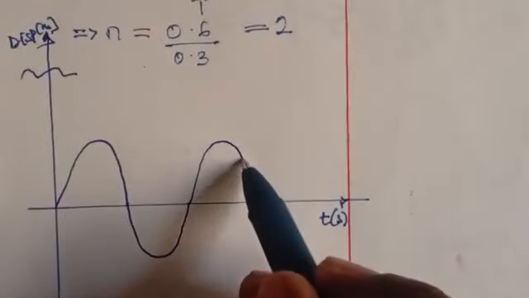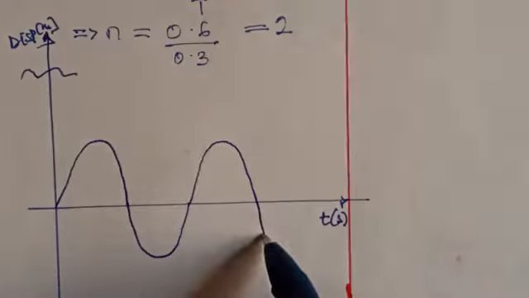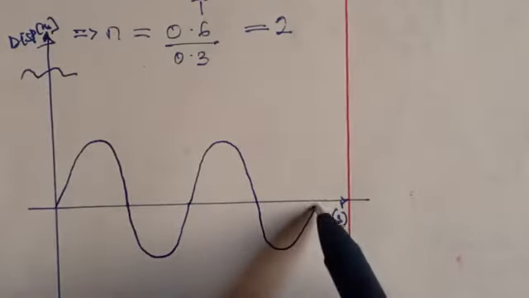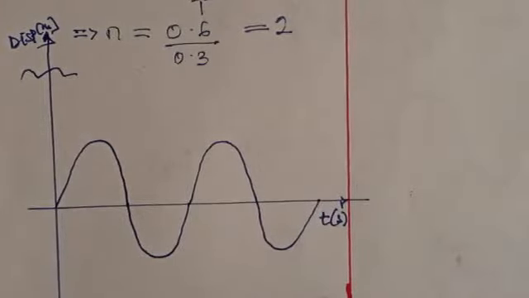We start from the mean position to the amplitude, back to the mean position, down to the negative amplitude. So this is the first oscillation, one cycle. The second cycle will also go here, come back to the mean position. This is the second cycle. So we have shown what we were asked to show.